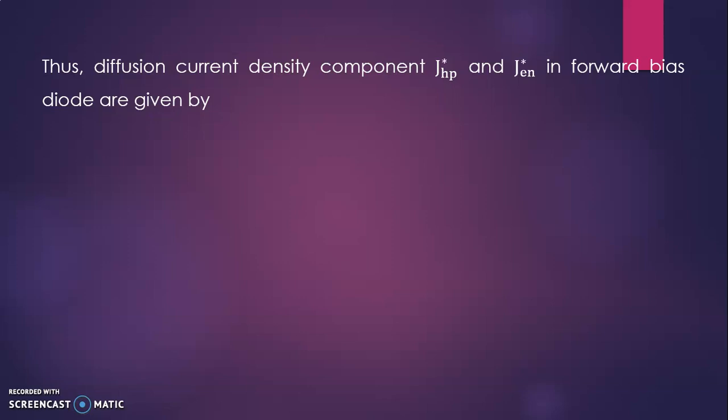So just see that equation, J star suffix HP. This is the diffusion current density component of holes in the P side. It is equal to J suffix HP into e raised to eV naught upon kT.